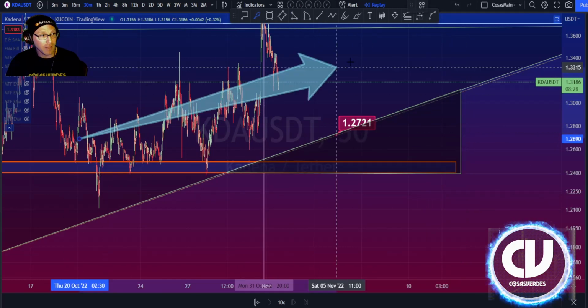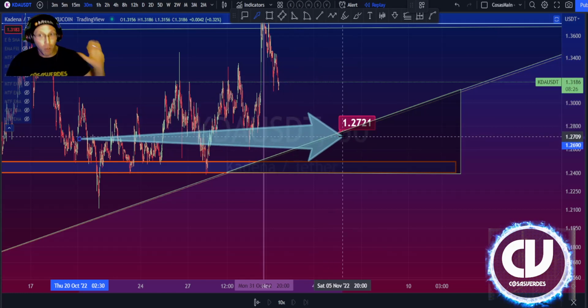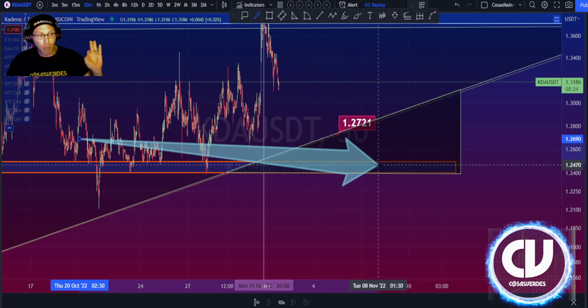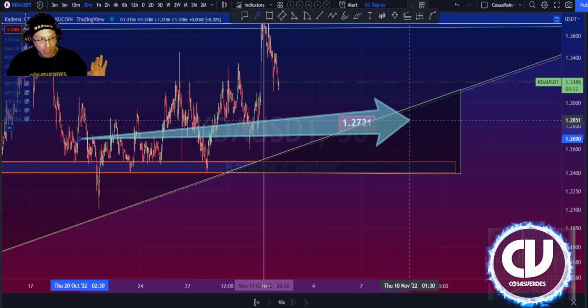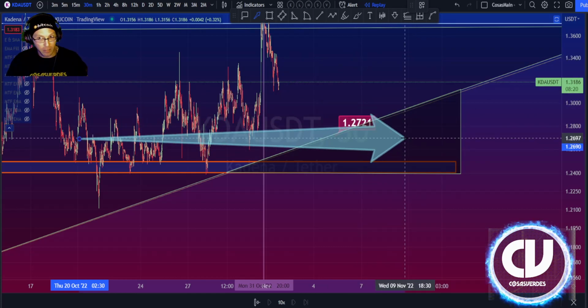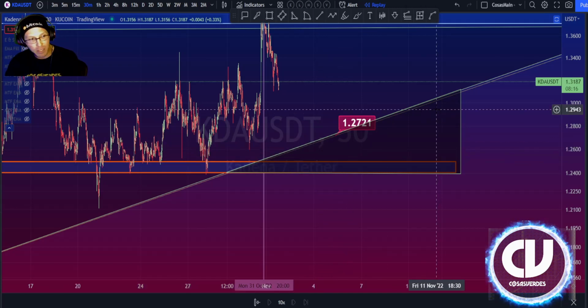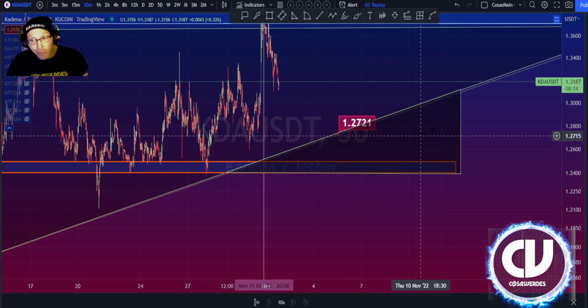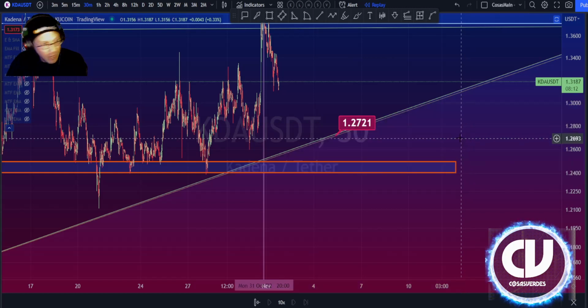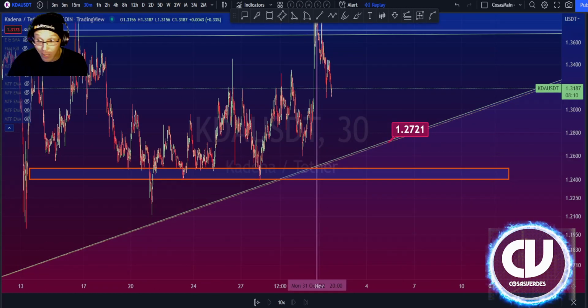So breaking the bigger triangle, that's your heads up. Begin being interested. Probabilistic flips to the upside or downside don't happen until this triangle is worked out of, because a different set of traders will be looking at that. It muddies the water a little, but you still have another triangle to look at. Keep aware of that, and that should get you through with KDA to the upside and the downside. Anything in the middle, well, it's just the middle. You can't really do much there because it's too flat.